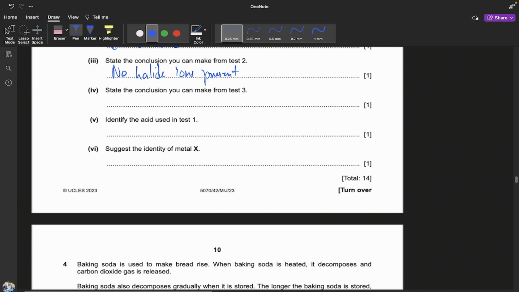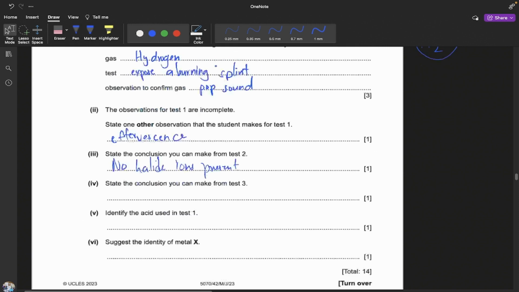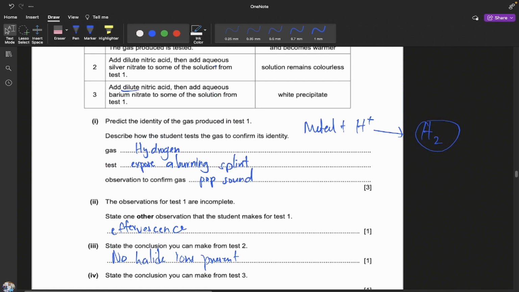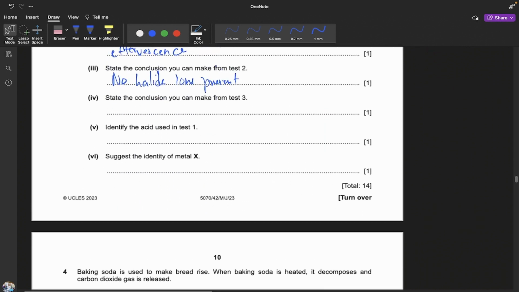State the conclusion you make from test 3. What is test 3? Adding dilute nitric acid, then adding aqueous barium nitrate to the solution forms a white precipitate. When there's barium and an acid, you can definitely go for barium sulfate. So you can say sulfate, SO4 2-, ion is present.